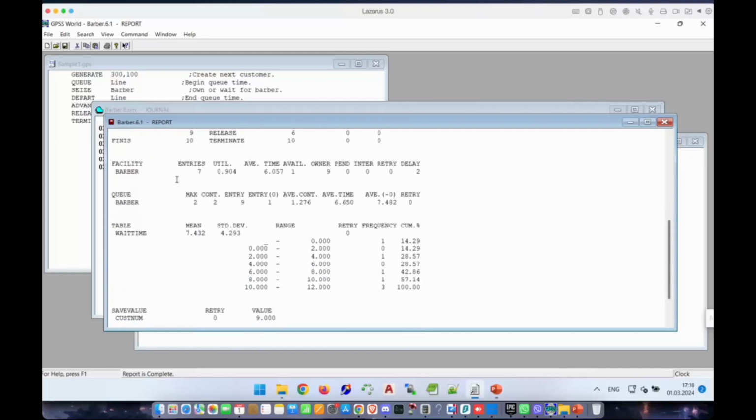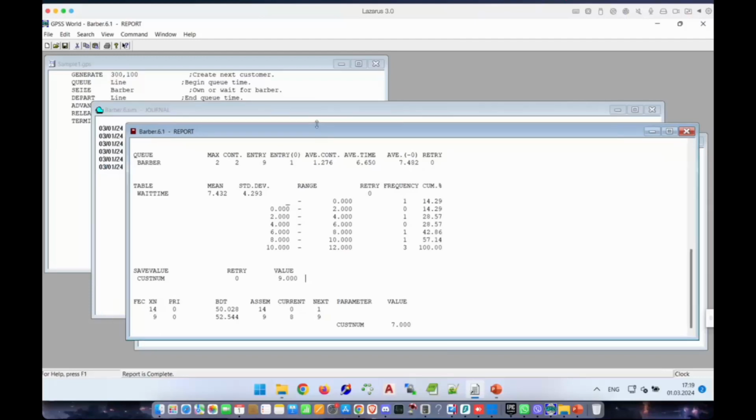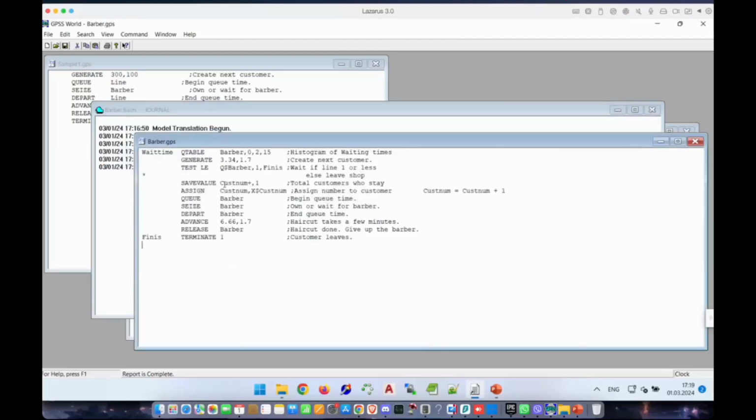And all the rest is just facilities and queue reports, which is frankly understandable. The only thing we have to look at is how many of the customers really had the service, or how many of them stayed, better to say, based on the amount of clients in the waiting line, which is 9. When a variable is just used and has not been assigned previously, its value becomes 0.